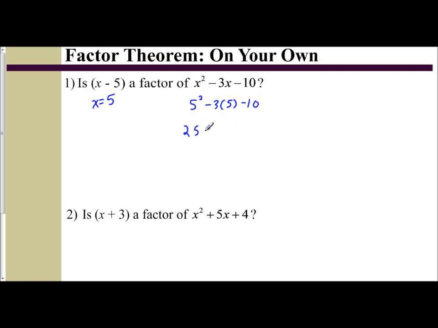I get 25 minus 15 minus 10, which is going to give me 25 minus 15 is 10, minus 10 is 0. Since I get 0 when I plug in the solution to the binomial, that tells me that yes, x minus 5 is a factor.